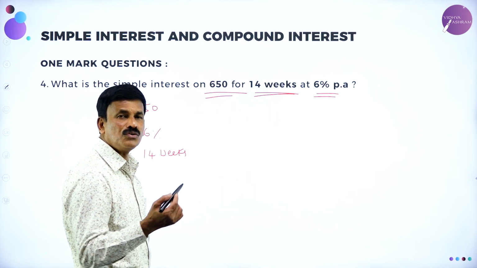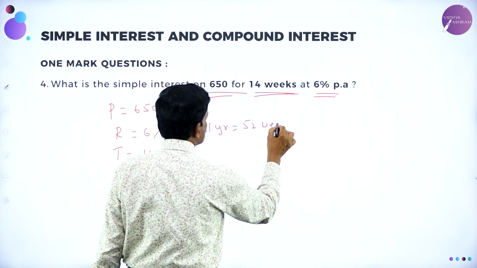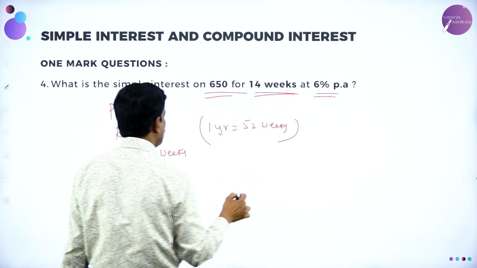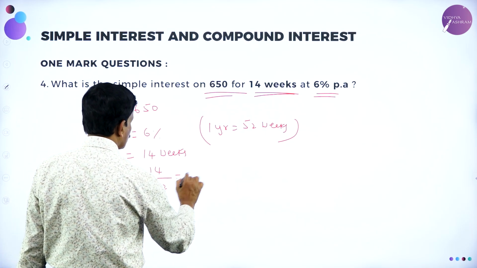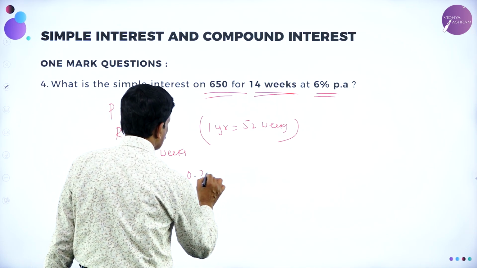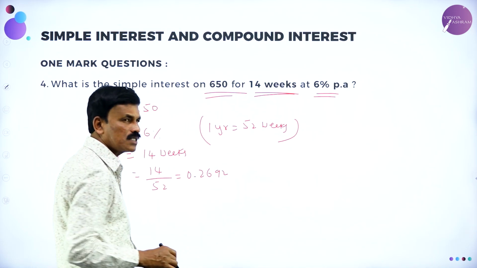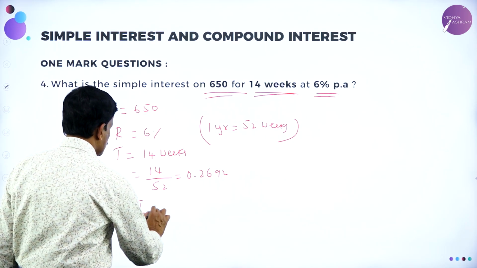Now, we know in 1 year we have 52 weeks, so 14 divided by 52. Simplify this. So, this is 0.2692.